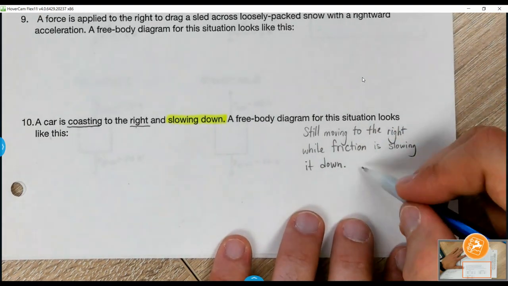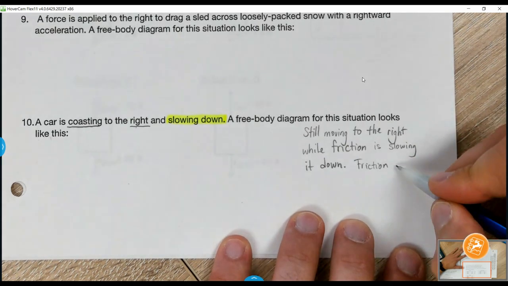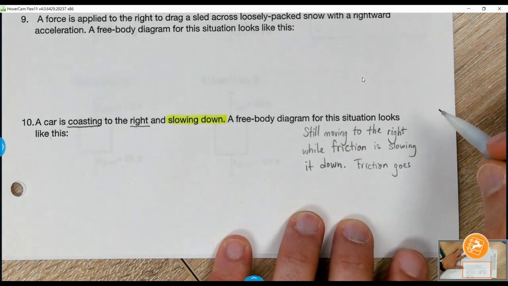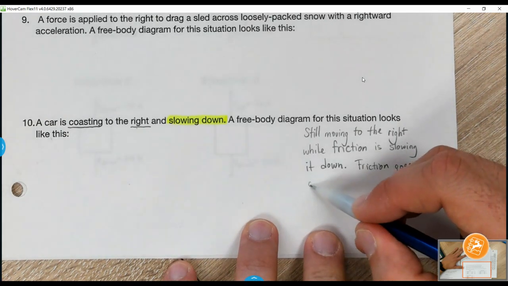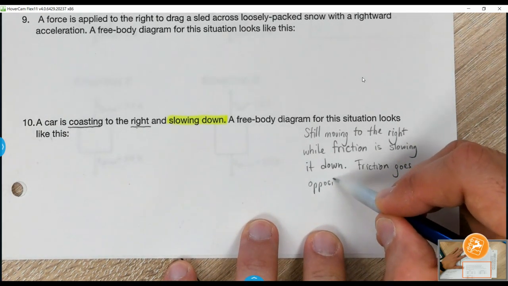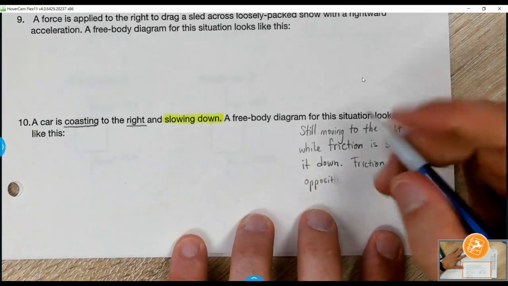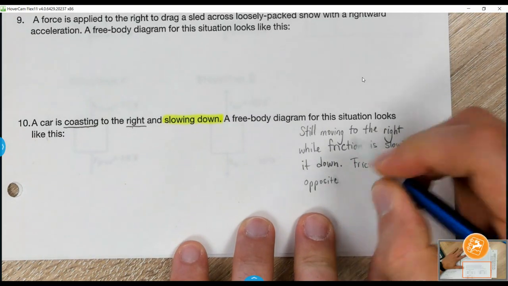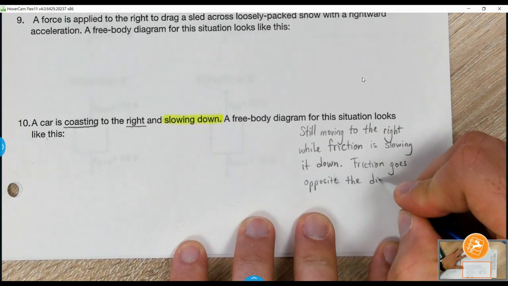What direction does friction go? I think we wrote it at the top. Oop, I cannot spell. It always goes opposite the direction of motion.